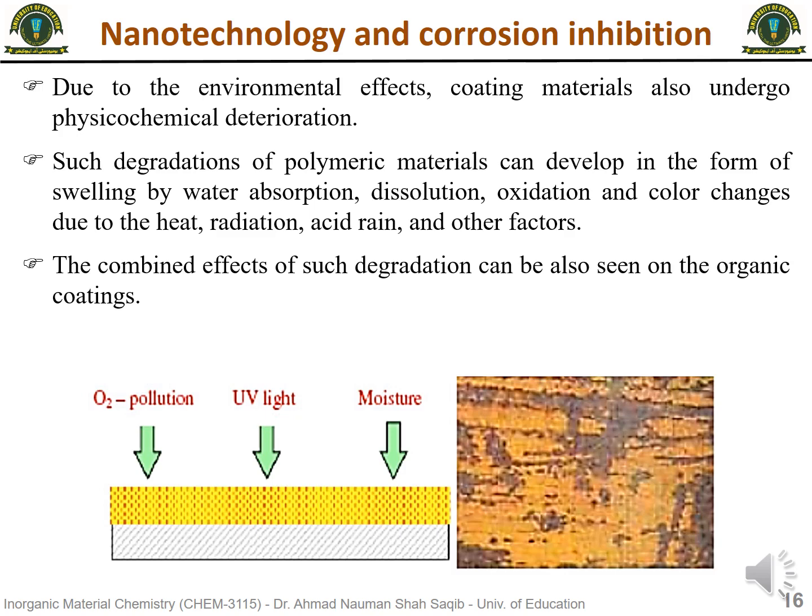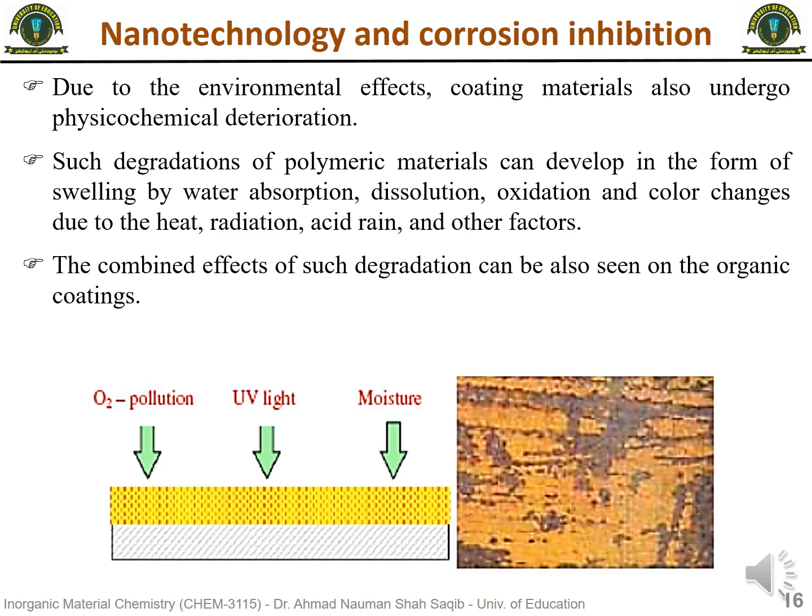For example, we are using some zinc oxide, and we know that zinc oxide dissolves very easily in acidic water. So if we are using a zinc oxide coating and it is exposed to some acidic condition, its layer will dissolve and get damaged.